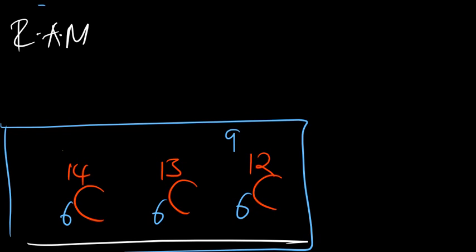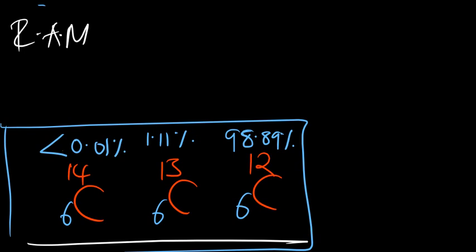Carbon 12 is 98.89%, carbon 13 is 1.11%, and carbon 14 is very small, less than 0.01% abundance. What that means is, if you get a sample of carbon, 98.89% of it is going to be carbon 12.